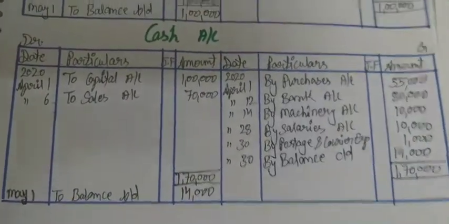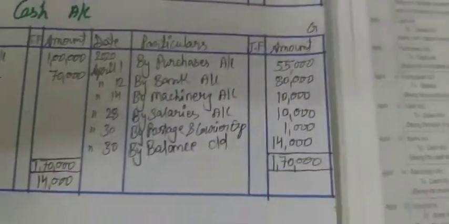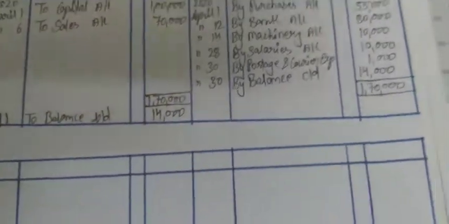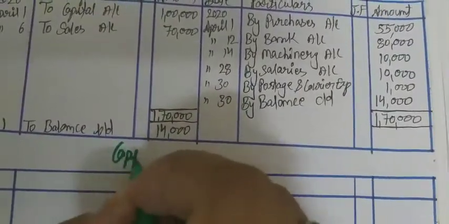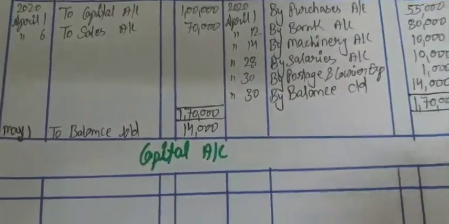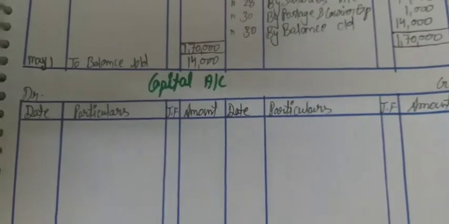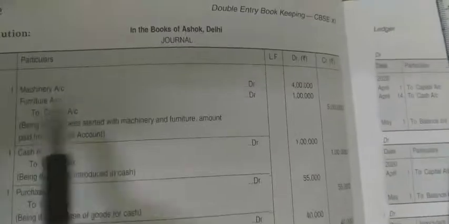Okay students, the next account is the capital account. So now we have to prepare the capital account. The format we have already prepared. So here it is the capital account. The capital account format is completed. Now in the transaction, the capital account is credited with the machine account and the furniture account of rupees 4 lakh and 1 lakh on April 1st.